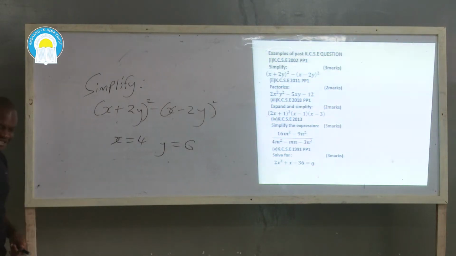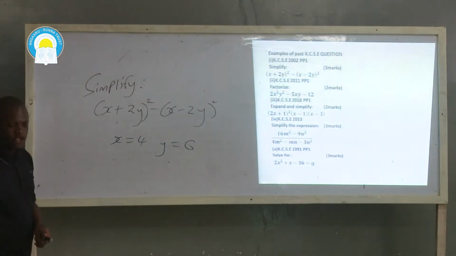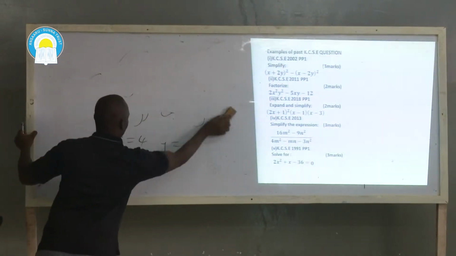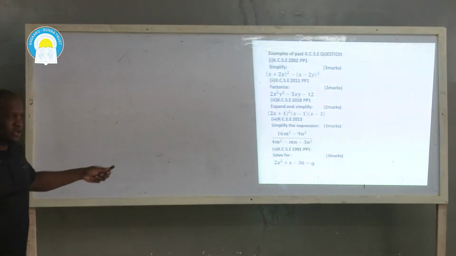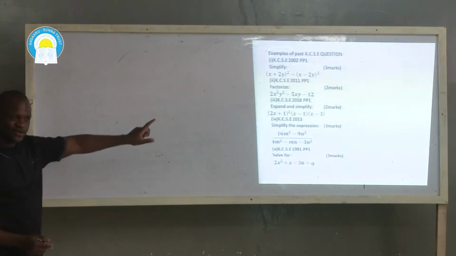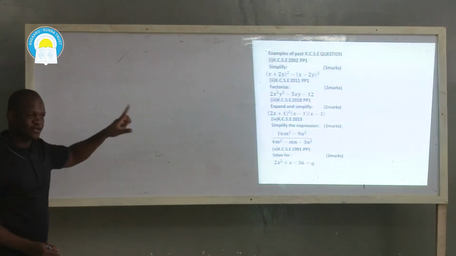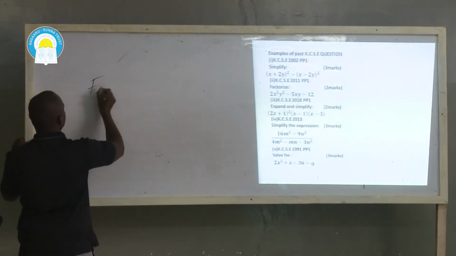Now, let's look at KCSE, of course, now another question. 2011, we had a question in paper 1. This was the question, which of course is projected there, but I'm going to have it written here. Now, what is the question? Factorize.